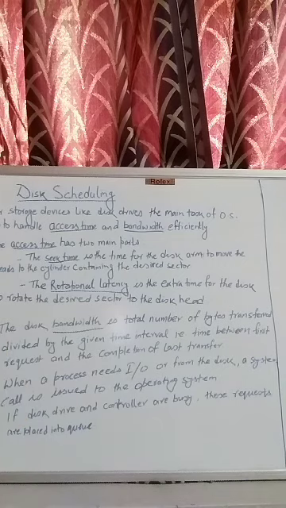Now, when a process needs input-output or data from disk, a system call is issued to the operating system. The operating system then tackles these requests accordingly. If the disk drive and controller are busy, then these requests are placed into a queue.